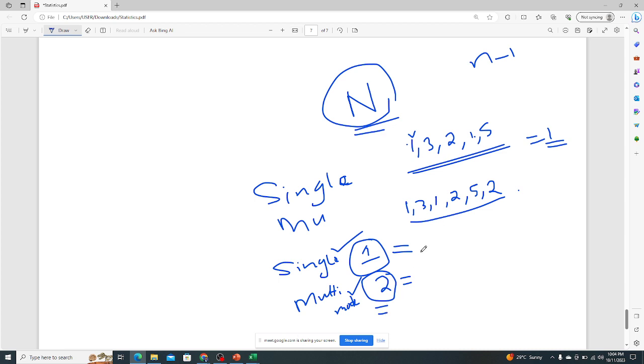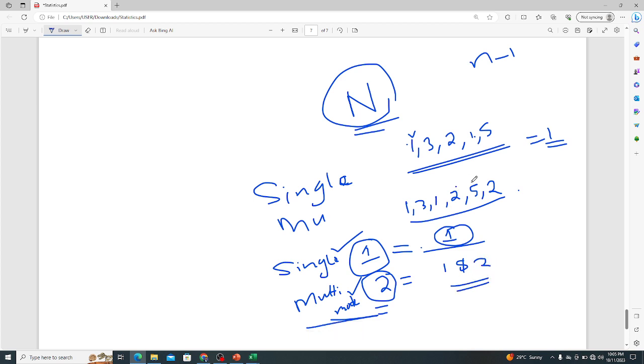So if we are talking about single mod here, the first value which occurs more than once is the mod. Like in this case, our single mod can be 1. Why? It is the first one to occur twice. Then when we talk about multiple mod, it will be 1 and 2.